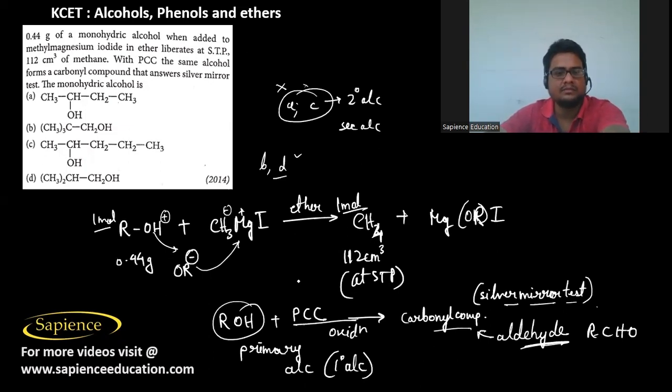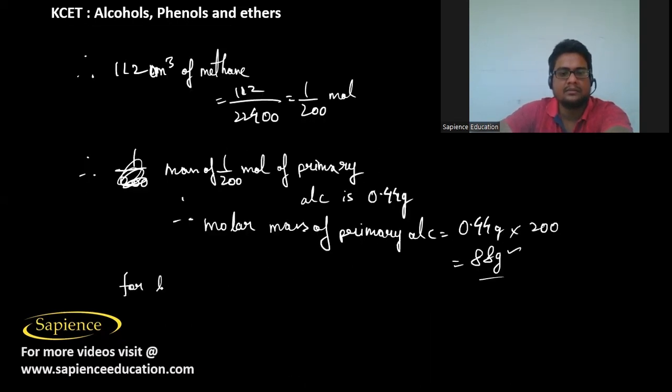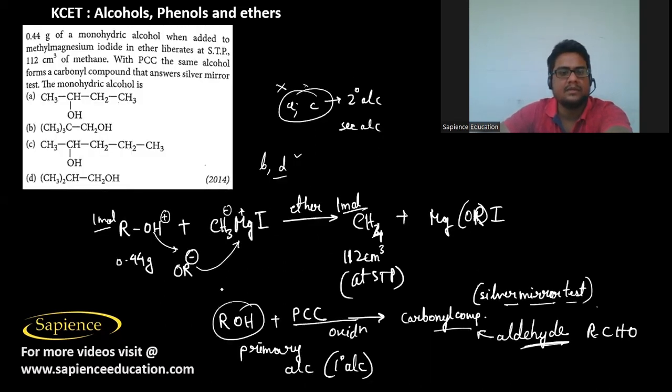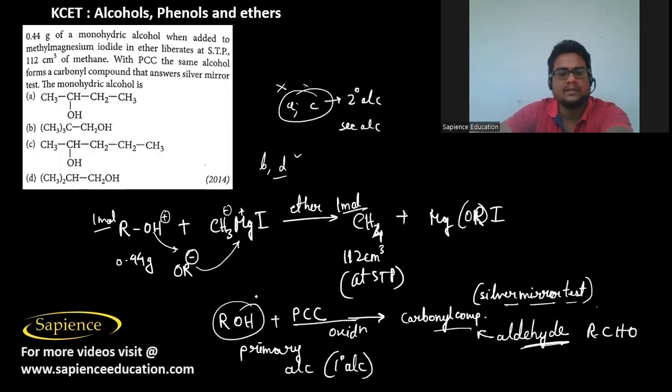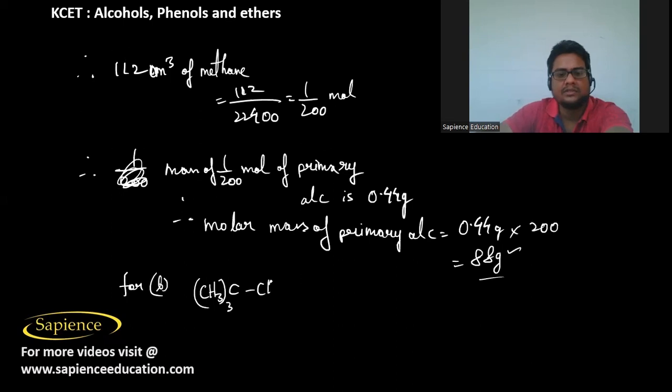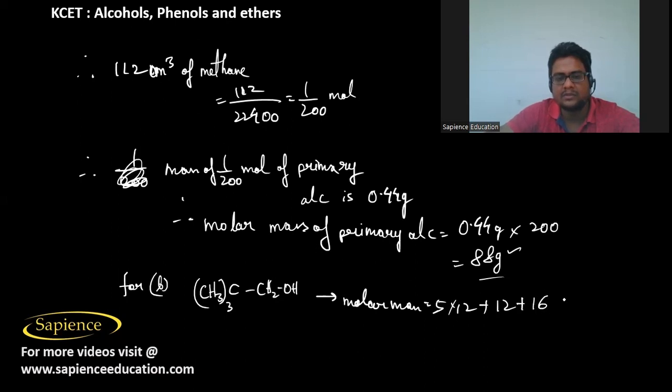Now out of options B and D, for option B, here we have CCH3 whole thrice and CH2OH. So its molar mass will be equal to, here we have 3 plus 2, 5 carbons, so 5 into 12, plus 3 threes are 9, 9 plus 3, 12 hydrogens, and 1 oxygen, which is 16.